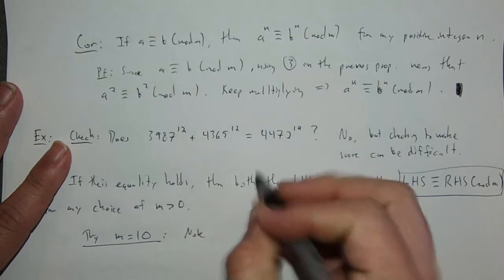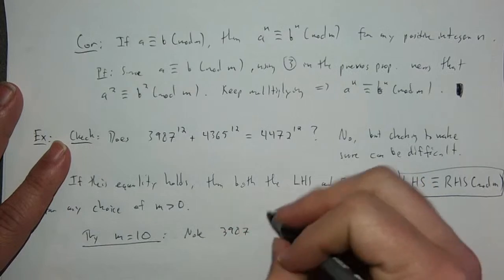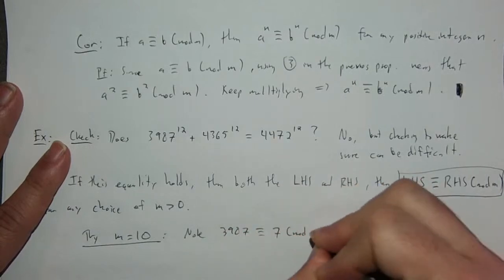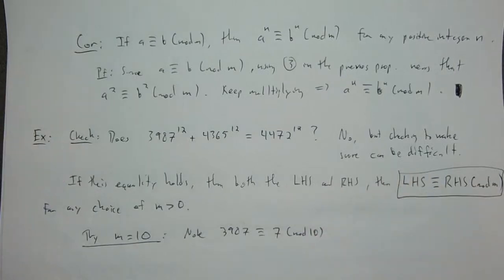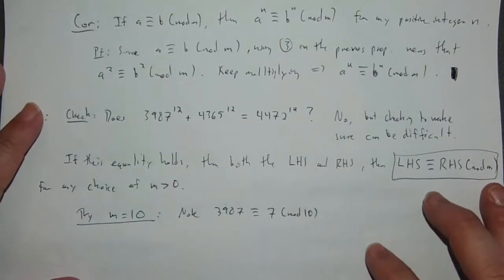So note that 3,987 is congruent to 7 mod 10. Again, remember, mod 10 is peeling off the final digit. It's peeling off the last digit because you look at this thing and you say 3,987, that's 3,980, which is divisible by 10, plus 7, right? Okay.